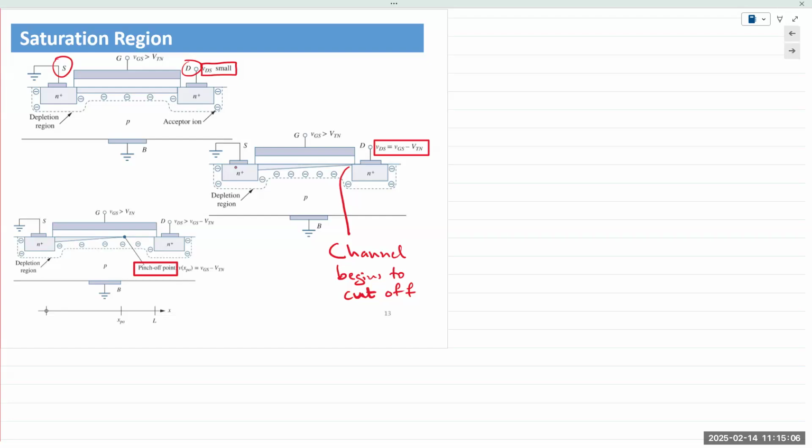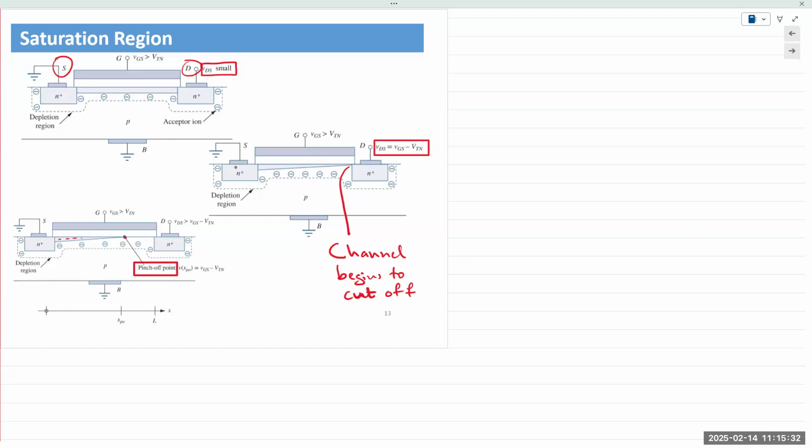Even though the channel pinches off, the depletion region is now increased, and so the electric field associated with the reverse-biased depletion region also increases. Because of this, the electrons that were flowing in the channel are now injected or pulled into the depletion region.